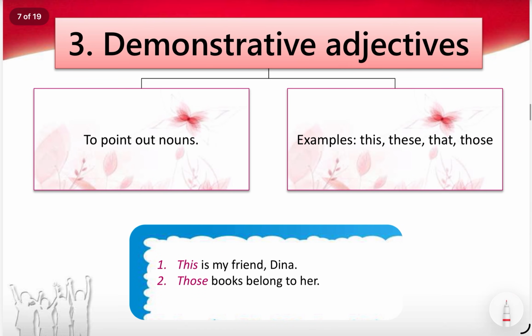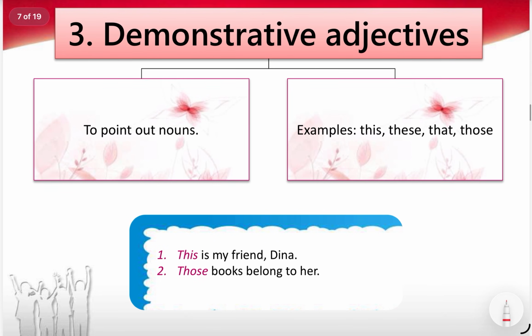Now we will see demonstrative adjectives, which point out a noun. Examples: this, that. When a noun is being demonstrated by you, then it is known as a demonstrative adjective. For example, this is my friend Dina. Dina is a friend and Dina is a noun, and I am using the word this.